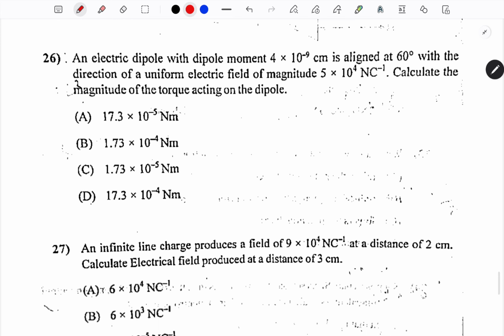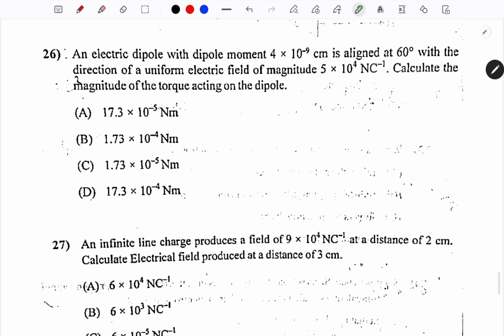Next question. An electric dipole with dipole moment 4 into 10 to the power minus 9 coulomb meter is aligned at 60 degree with the direction of a uniform electric field of magnitude 5 into 10 to the power 4 Newton per coulomb. Calculate the magnitude of torque acting on it. For a dipole, torque is equal to P E sin theta.